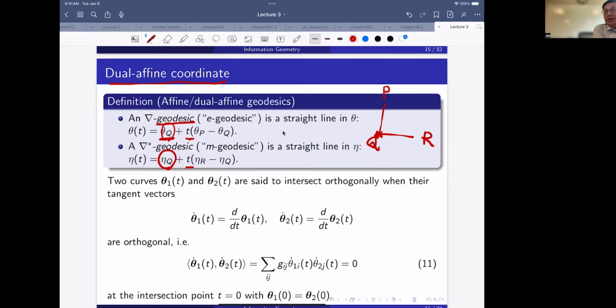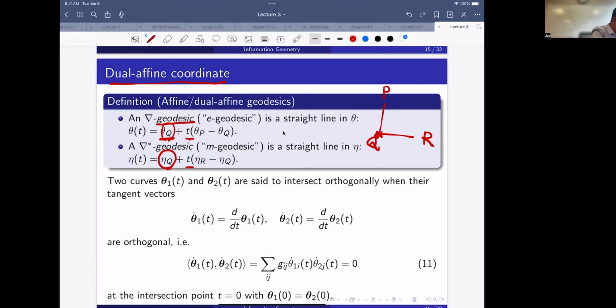So this is basically a line connecting P and Q. The first line is a theta line connecting P and Q. The second one is the line connecting Q and R, right? And T is like a geodesic. I mean, T is the line.